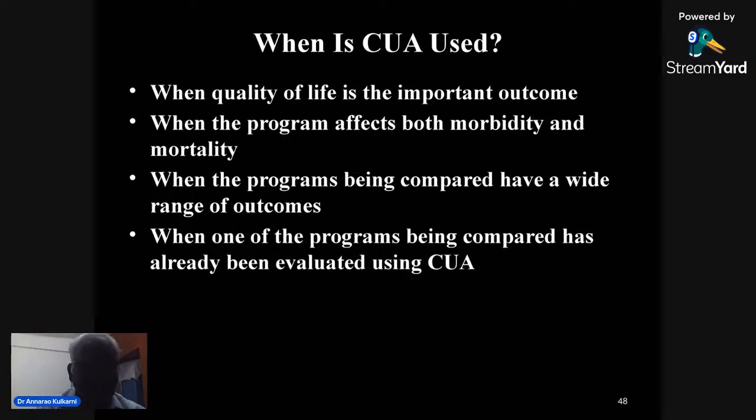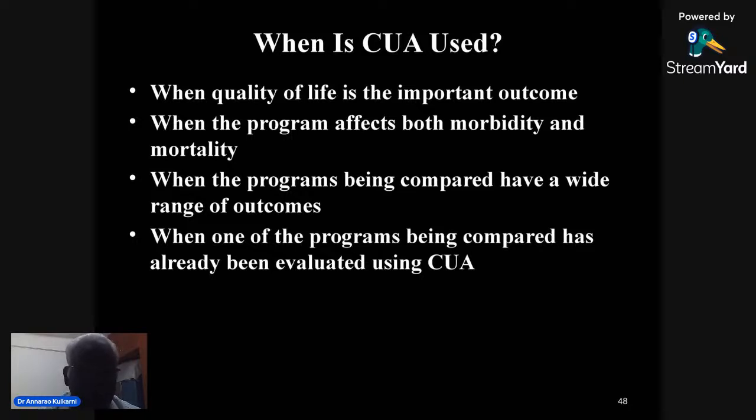For example, a cost utility analysis of cardiac rehabilitation program might focus on improved quality of life versus the cardiac rehab's influence on the length of life. Cost utility analysis is also used when the program affects both morbidity and mortality outcomes. An example is emergency medical services pre-hospital stroke care, which has a long-term effect on the recovery and disability.